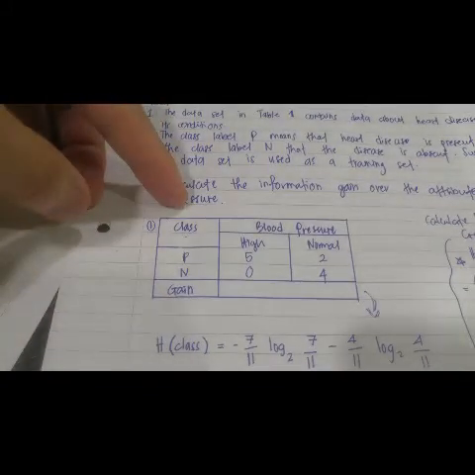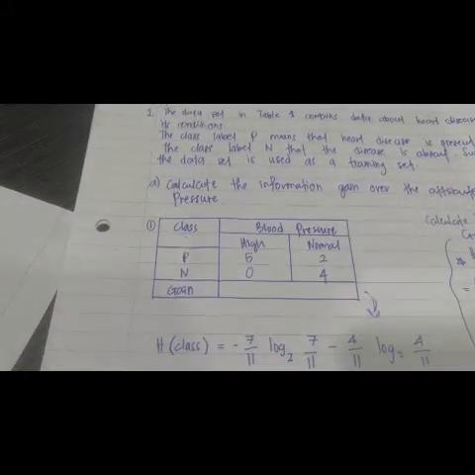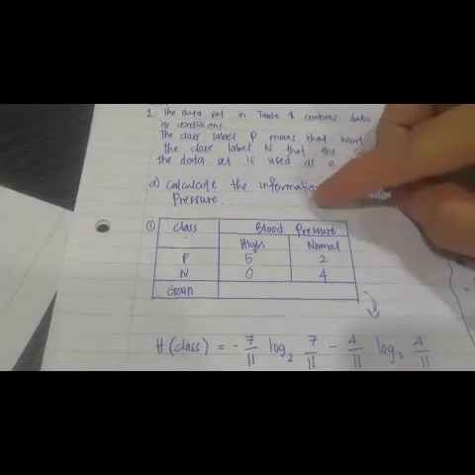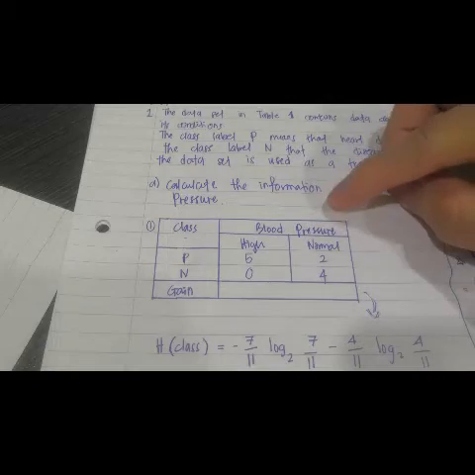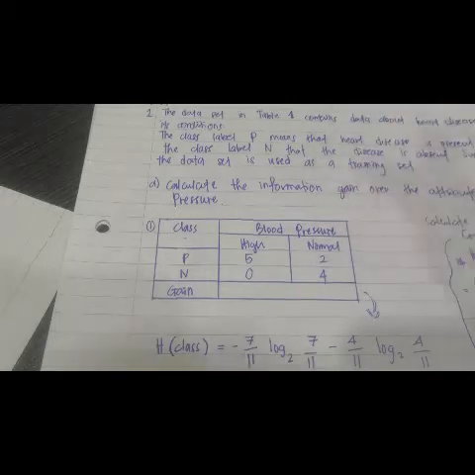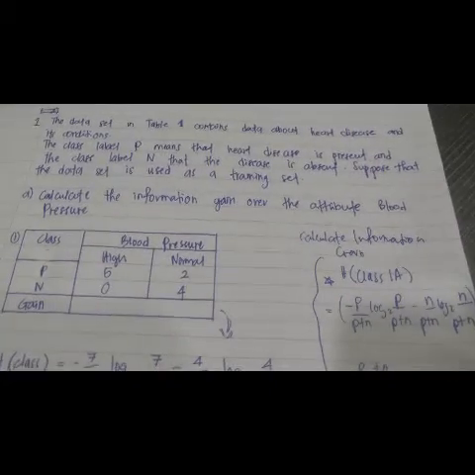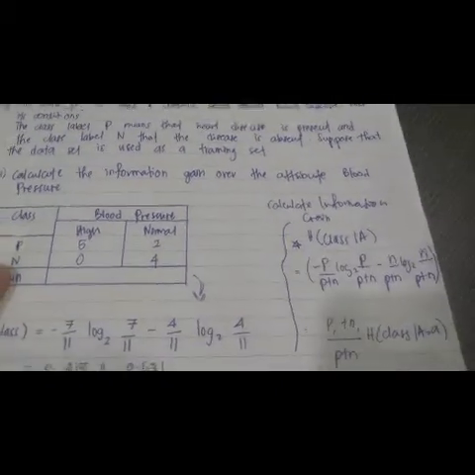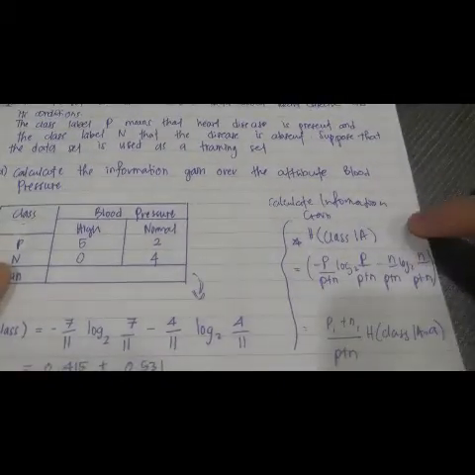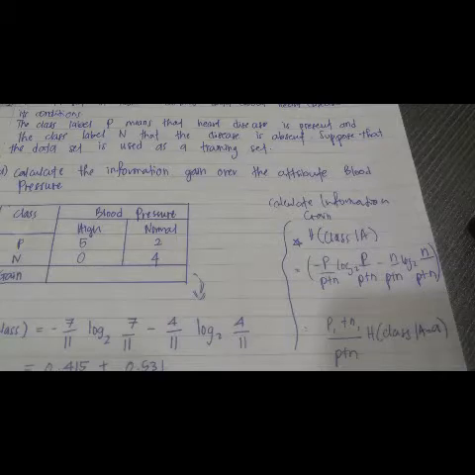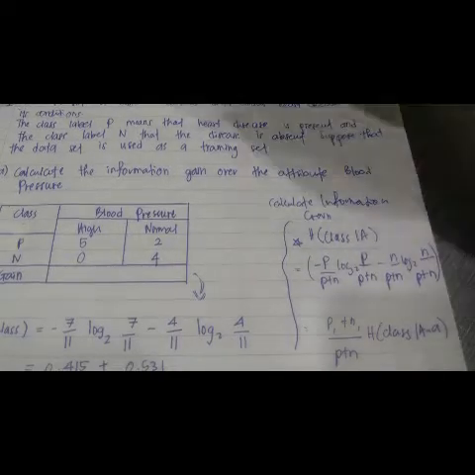This small table is used to help us to do the calculation, because it's data that we obtain from the big table in the question. To do the information gain, we need to apply this formula: negative P over positive plus negative, log 2, and so on.